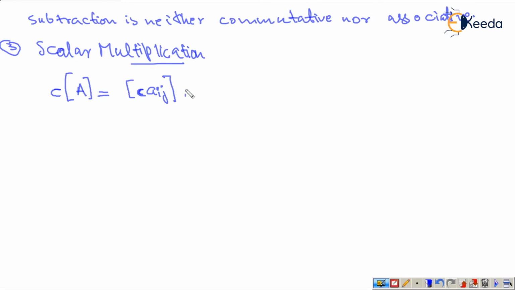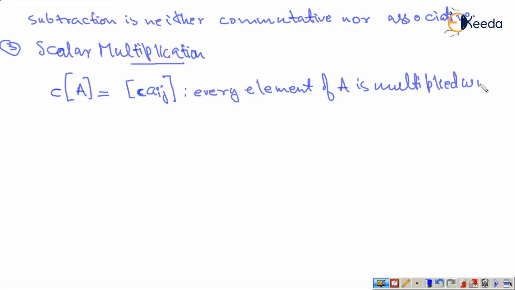I'll write this: every element of A is multiplied by c. So in this manner we can multiply a factor to all the elements.